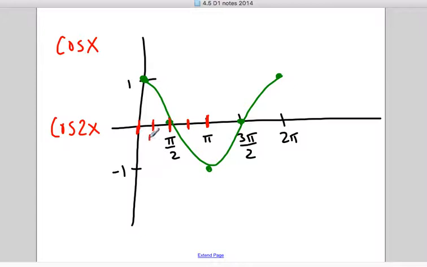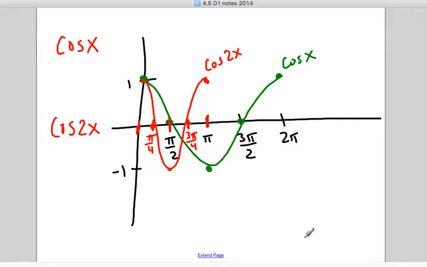Remember how this one was labeled pi over 4 and this one was 3 pi over 4? And we started at 1, went through 0, down to -1, went through 0, and then back up to 1. So if I drew that in, that's what cosine 2x would look like compared to just cosine x.